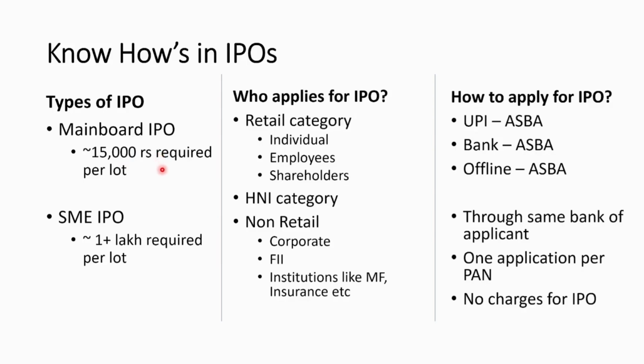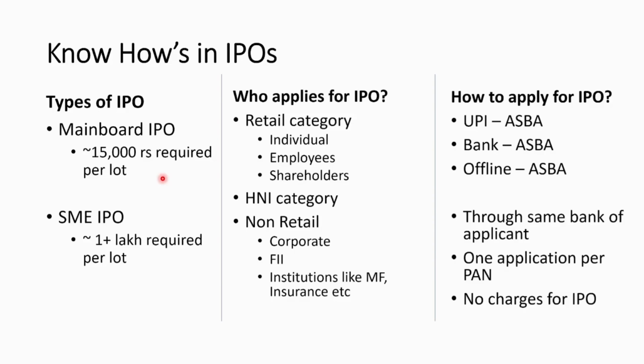As per SEBI rule on ticket size, you cannot apply for one share in an IPO. If you are already investing in the stock market, you can buy one share or sell one share, but in an IPO you cannot buy as per your requirement. There will be a lot size.